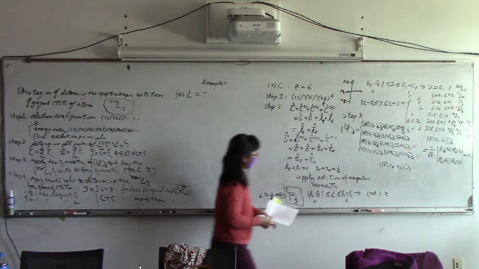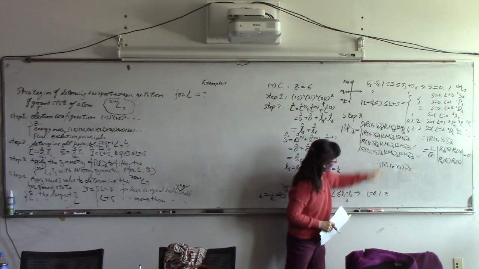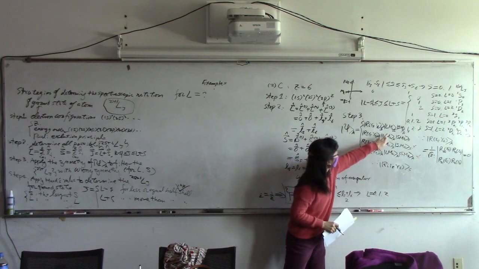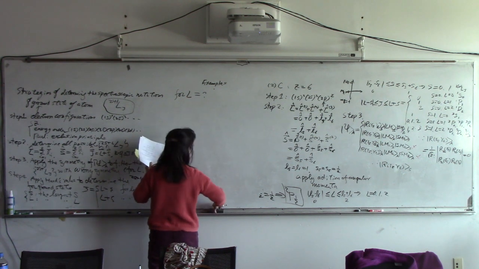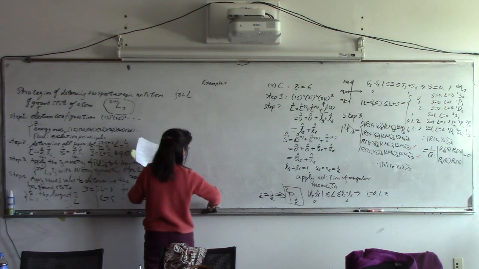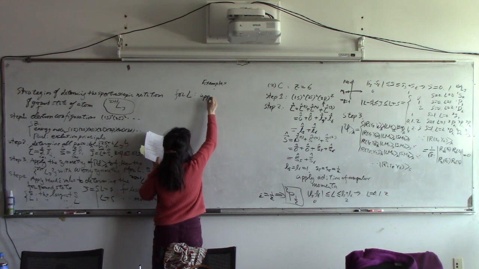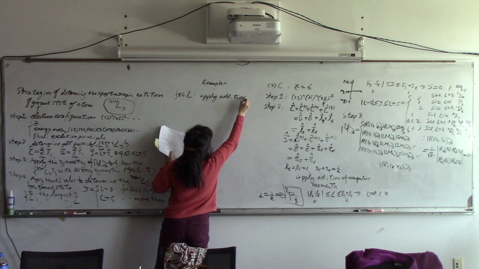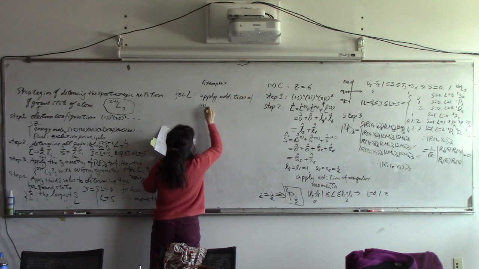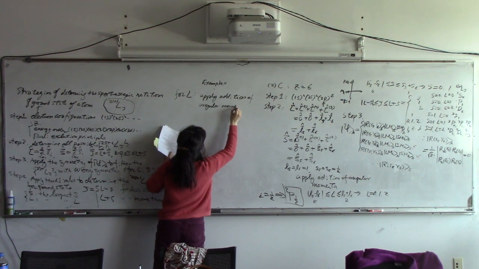Which ones are symmetric? We are going to find which values correspond to symmetric, and which values correspond to antisymmetric, right? Okay, let's consider L. We are going to apply the addition of angular momentum again here.